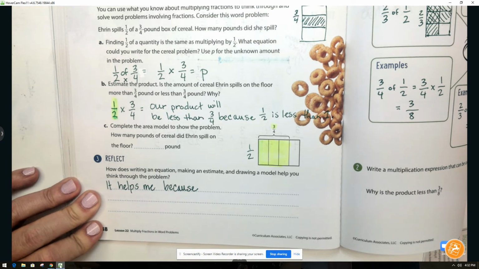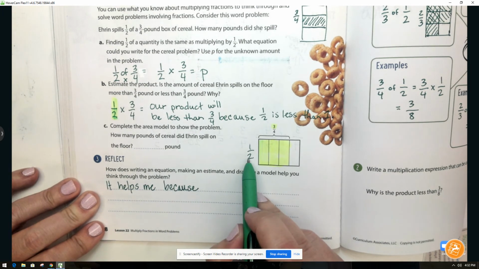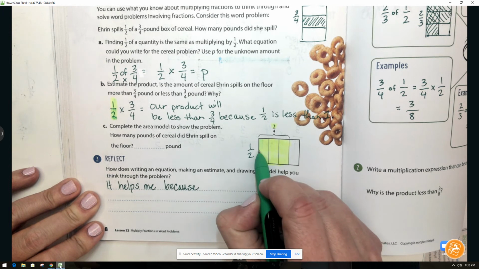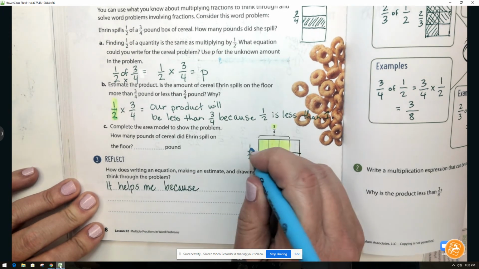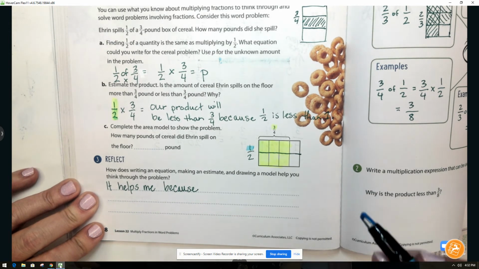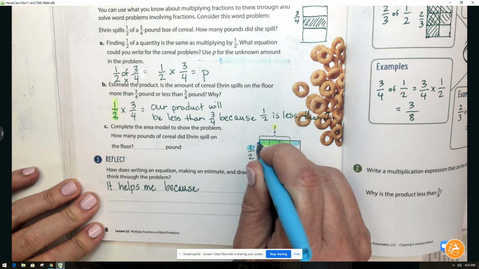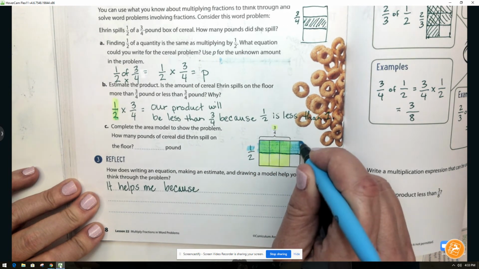Then we're going to do our 1/2. Now we're going to break it into 2 rows because our denominator is 2. And then we're going to shade in 1 of those rows because our numerator is 1. So we're going to shade in 1 of these halves.